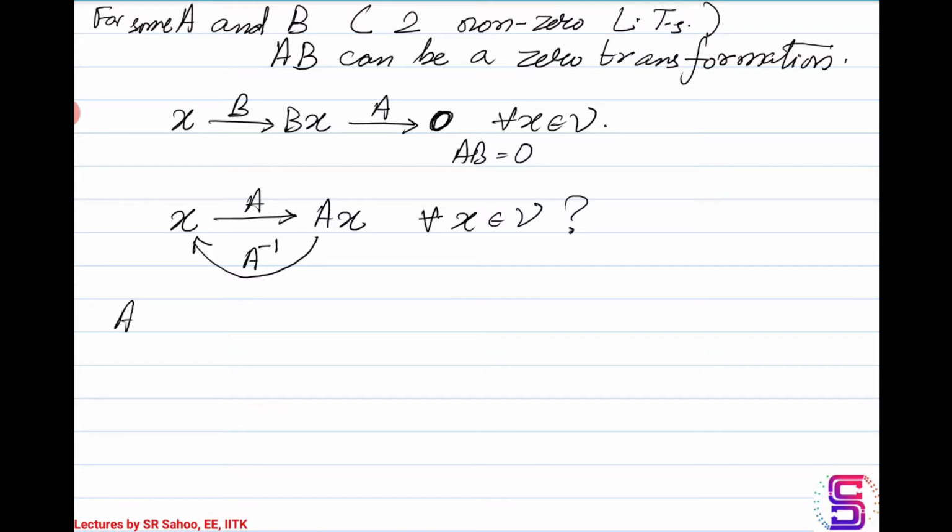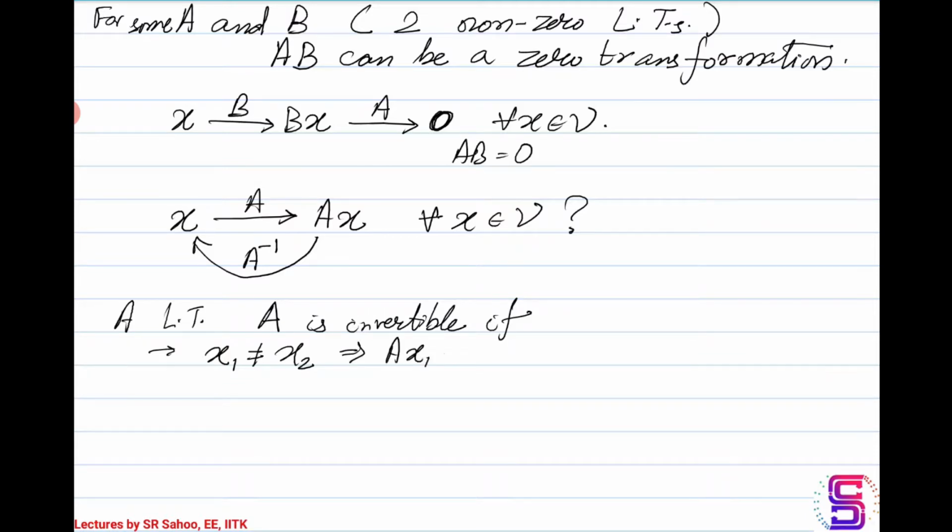So a linear transform A is invertible if, for two unequal vectors x1 and x2, the mapping is also not equal, and this is true for all x1, x2 in the vector space.